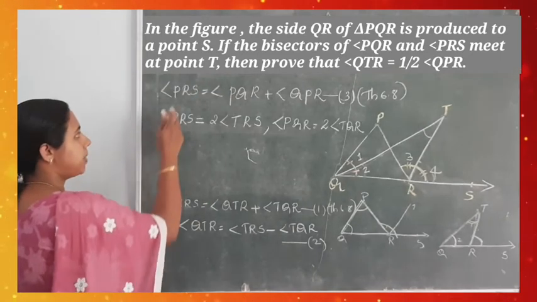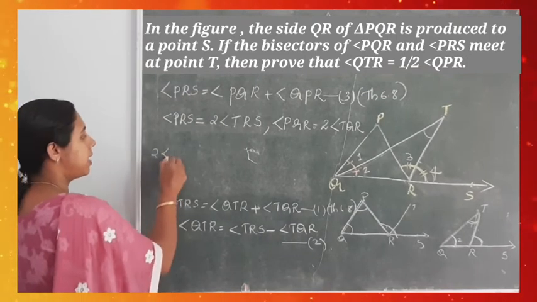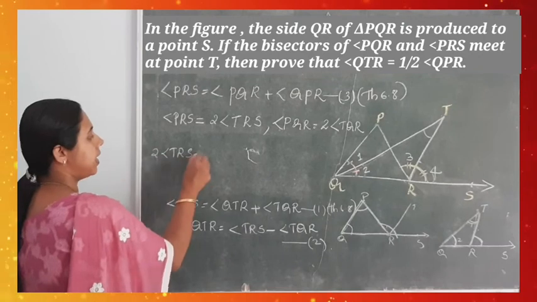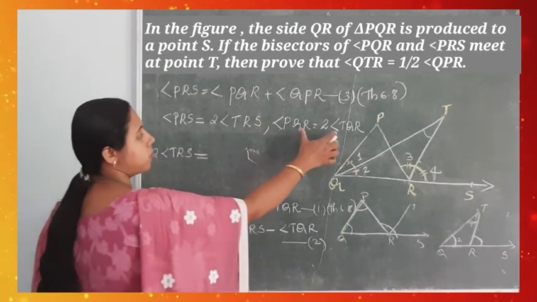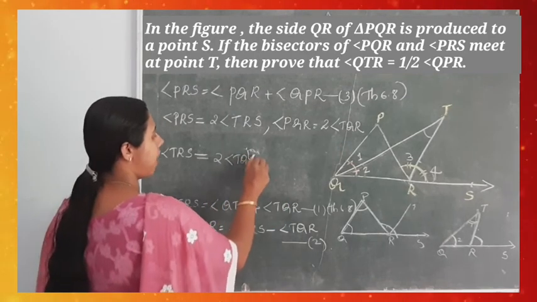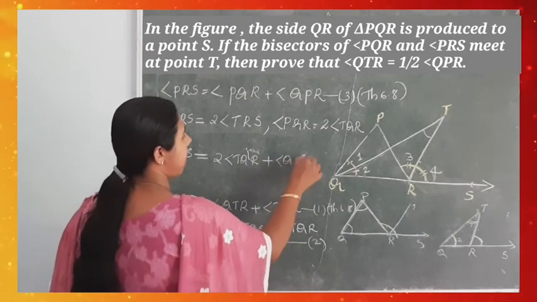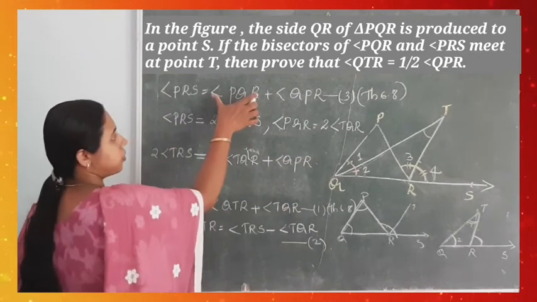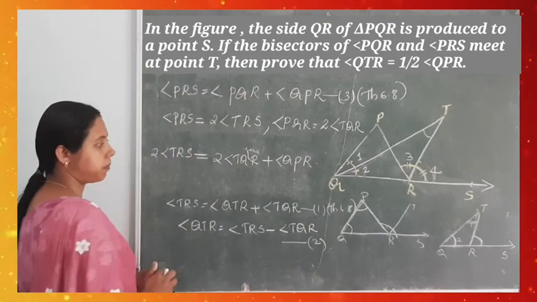So instead of angle PRS you can write 2 angle TRS, equal to 2 angle PQR plus angle QPR.